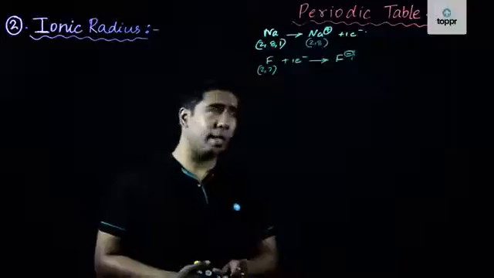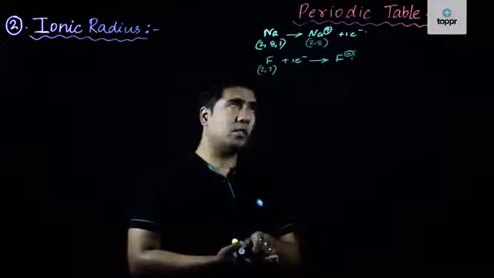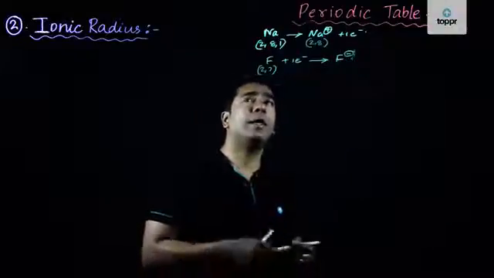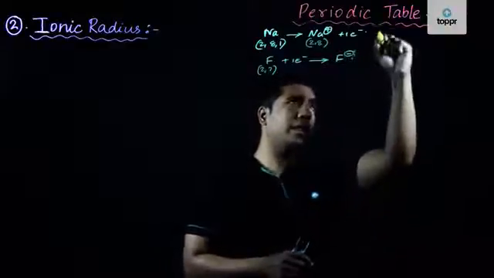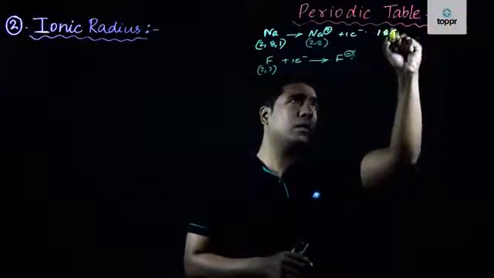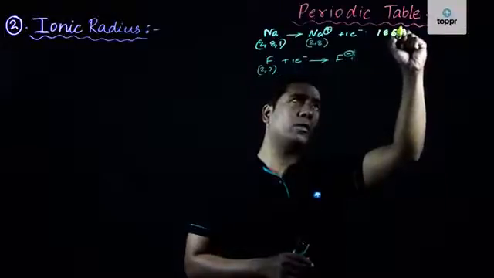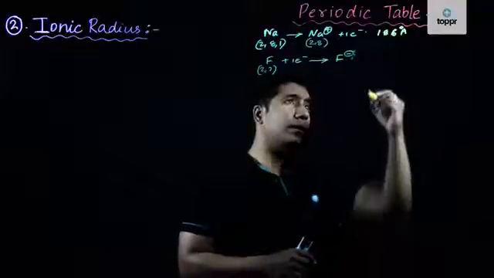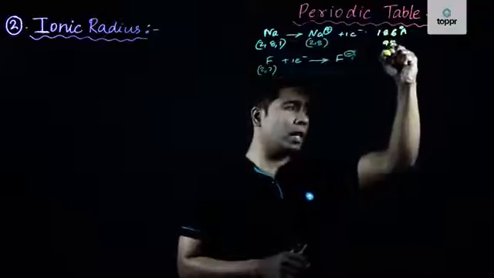Hence, we will observe that the atomic size in the case of sodium will be 186 Angstrom, and the ionic size of sodium will be around 95 Angstrom.